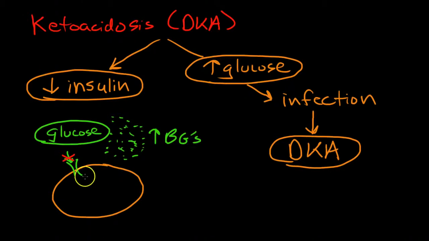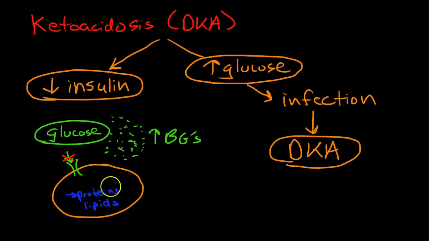And then the other thing is there's no glucose in the cells, so the cells have to shift to other substrates for energy production. In particular, they have to shift to using proteins and lipids.